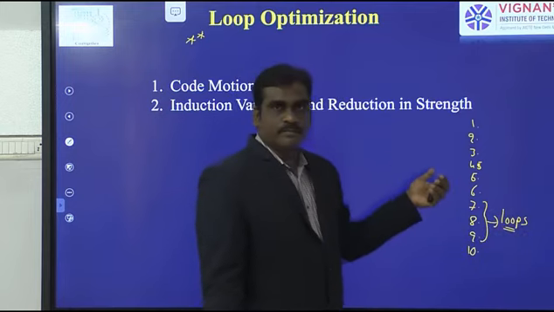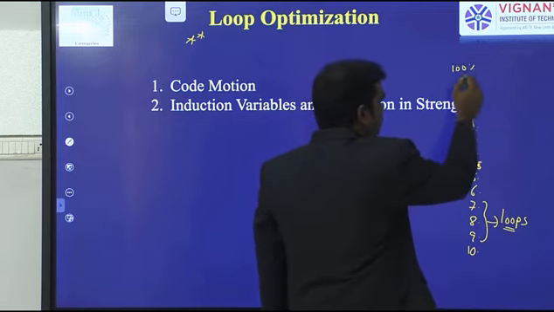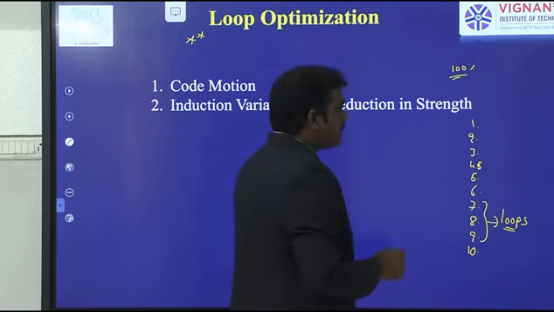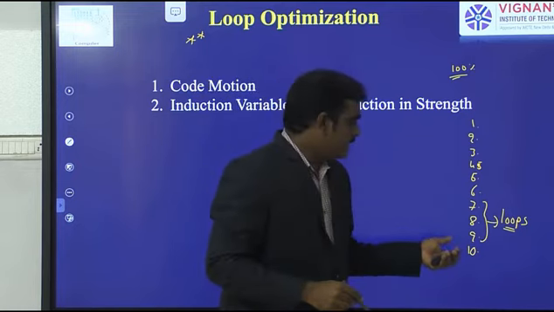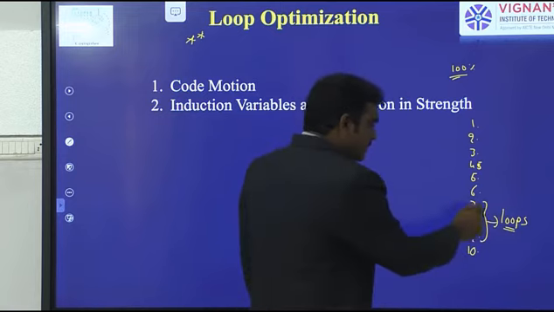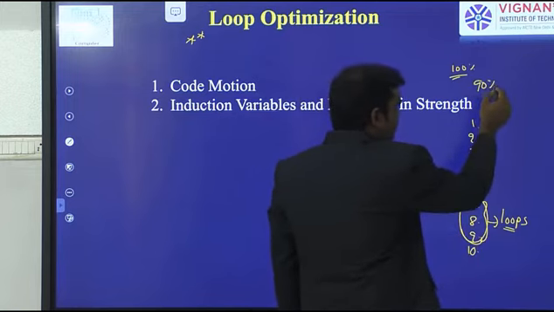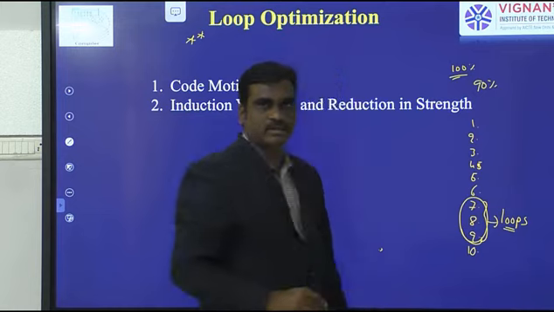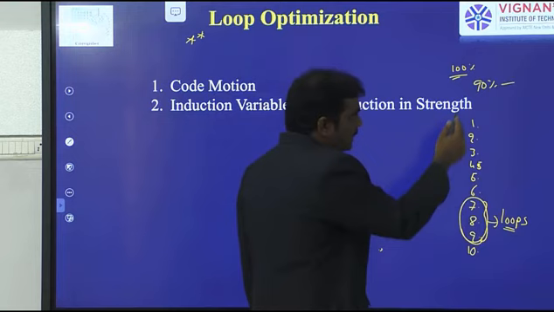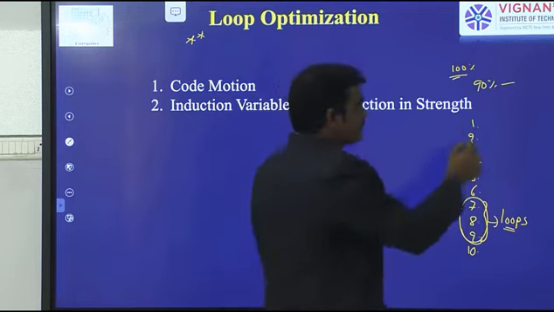Suppose the entire program takes 100% of the time. Only these 3 lines execute 90% of the time, and the remaining 10% is related to the remaining 7 lines of code.